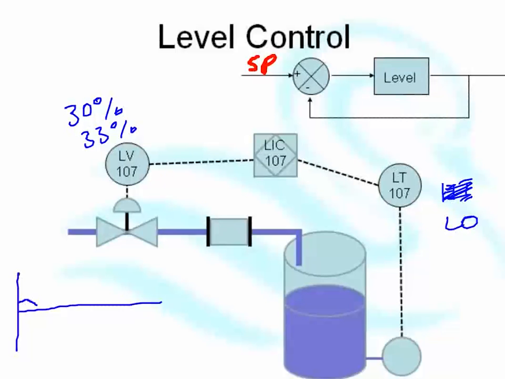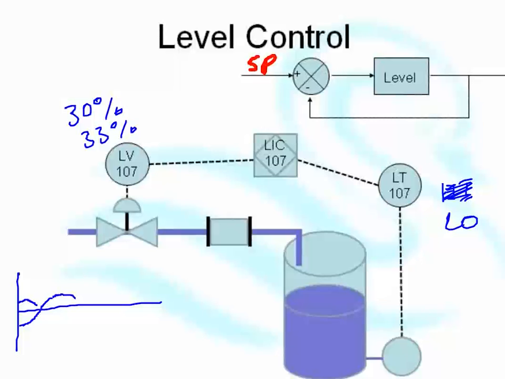Oh, sorry, level's a little bit low, so open the valve. What's going to happen is we're going to overshoot, because it takes time for the change to occur. And with a tank level control, it can take several minutes for the reaction to occur, because level control is a slow control.